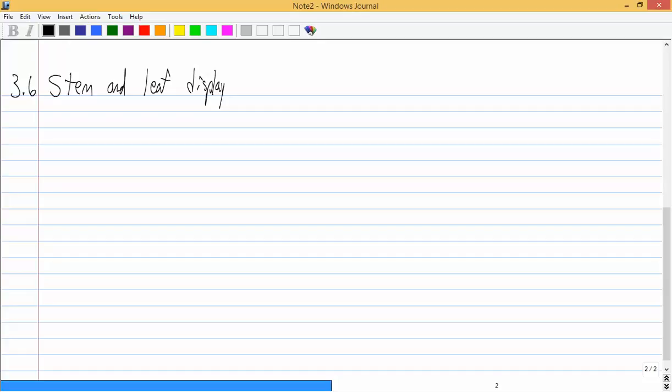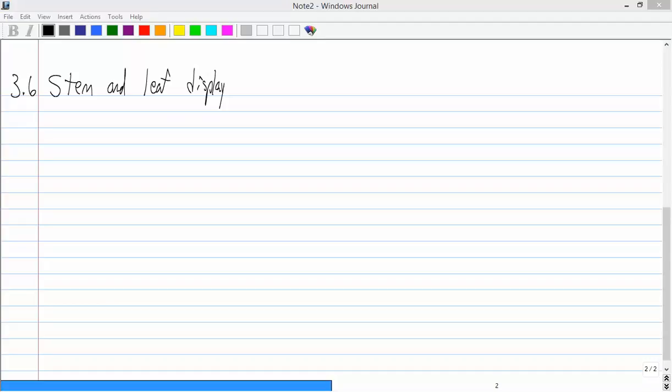It's just a way of writing a set of data in shorthand, if you understand what that is. It's a way of writing multiple numbers using just a couple of numbers.